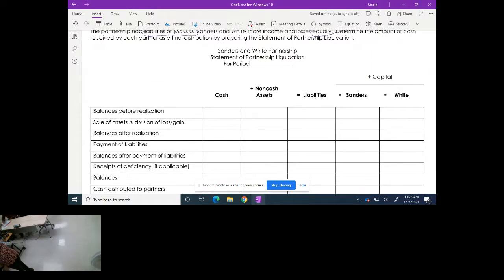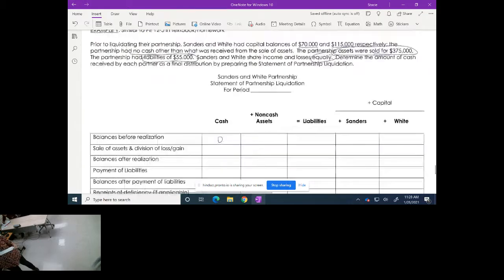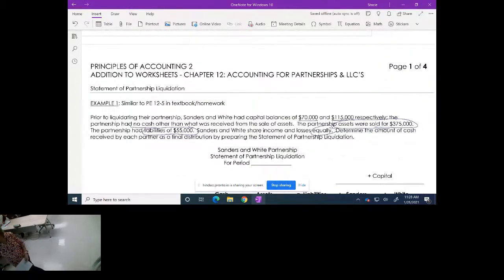Balances before realization. What about cash? No cash. That's what they said. There was no cash except what they got from selling assets. All right, first of all, I went through this with the other class. Remember our accounting equation: assets equals liabilities plus owner's equity for capital.